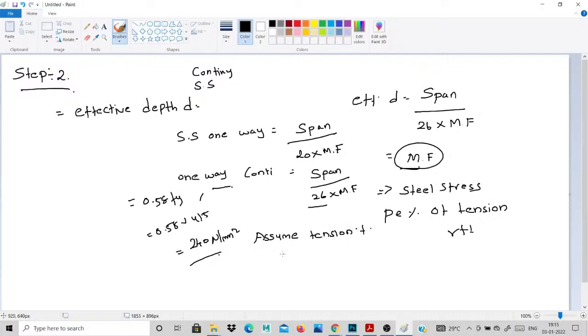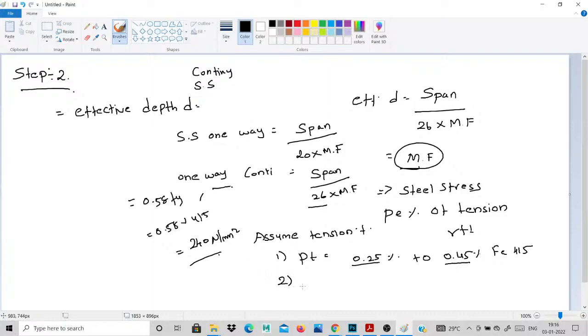I will tell some values for how to assume your percentage, based on your grade of steel. Using Fe415, you assume a value between 0.25 and 0.45 percent.